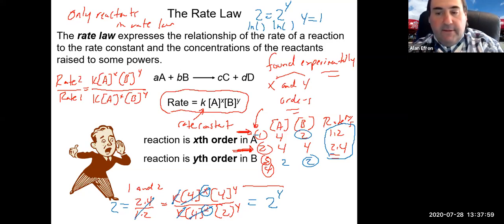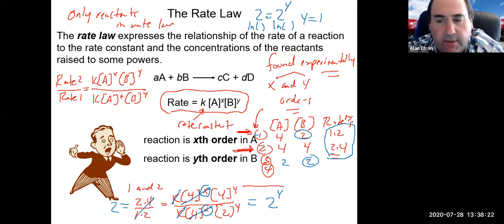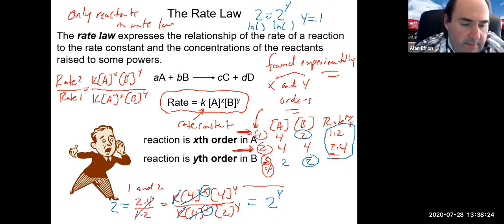A little bit different than thermodynamics that we were talking about in previous chapters, where we focused more on whether or not a reaction would be spontaneous, which basically just tells you whether or not the reaction would occur. But here we're looking more at the rate, or how fast or slow a reaction will occur.